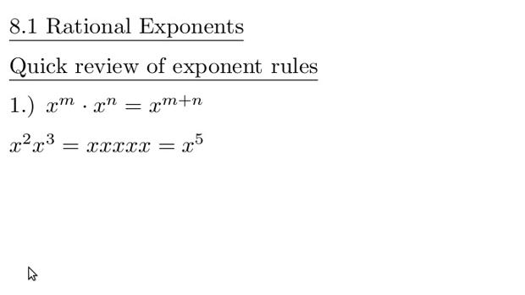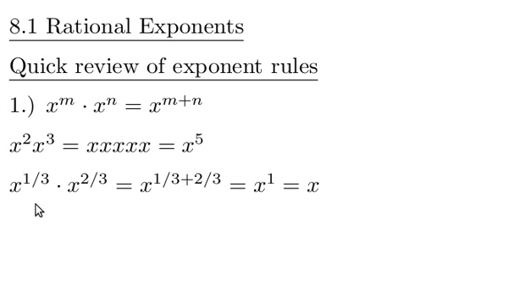So if you had something like x to the 1/3 times x to the 2/3, that is the same thing as x to the 1/3 plus 2/3, which is the same thing as x to the first, or x.